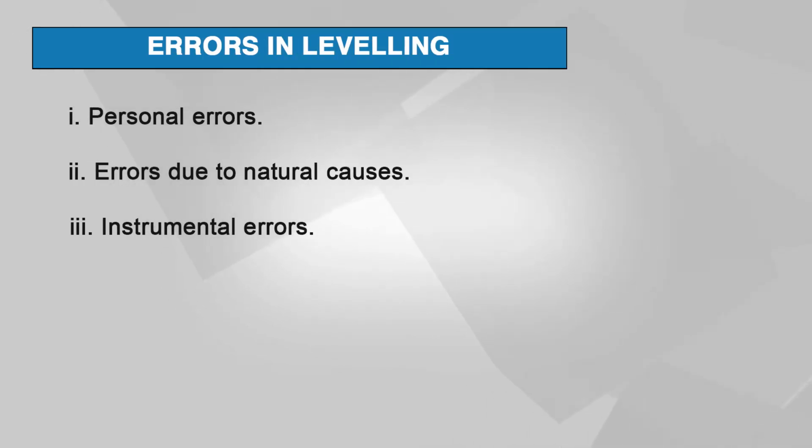Now, we will move on to the next topic, the last topic of today's session, which is errors in leveling. Errors in leveling may be categorized into the following three heads. First one is personal error, second one is error due to natural causes, third one is instrument errors.